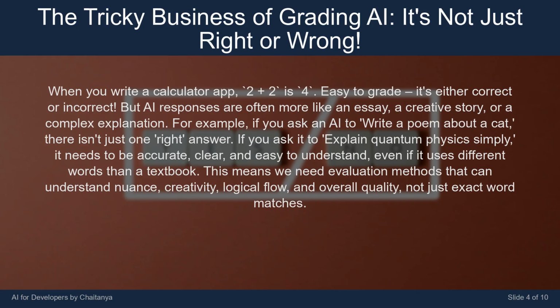If you ask it to explain quantum physics simply, it needs to be accurate, clear, and easy to understand, even if it uses different words than a textbook. This means we need evaluation methods that can understand nuance, creativity, logical flow, and overall quality, not just exact word matches.